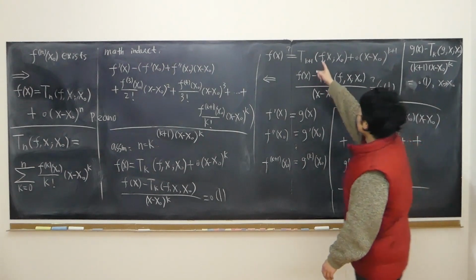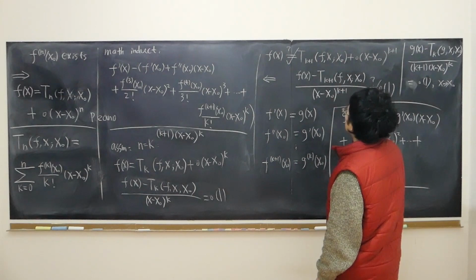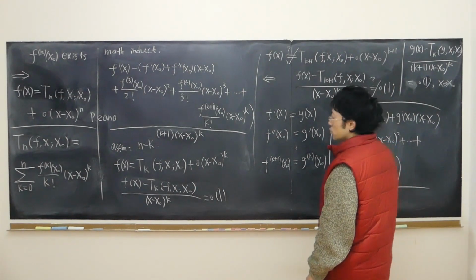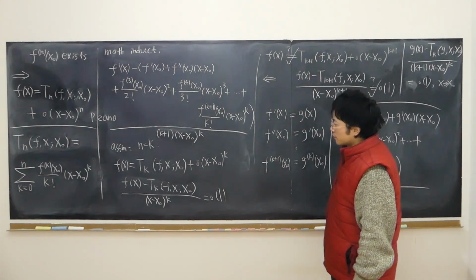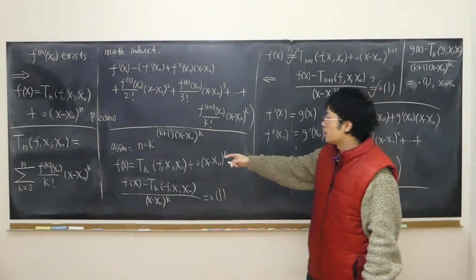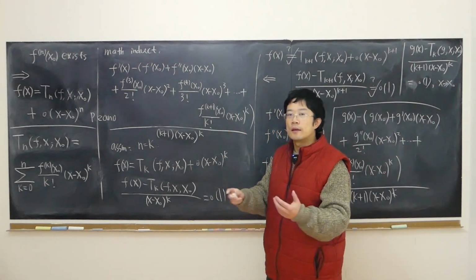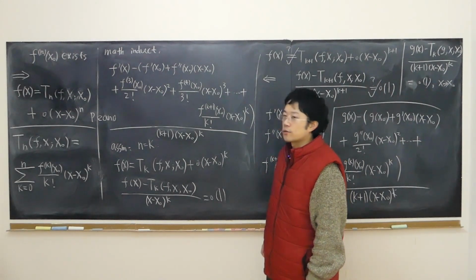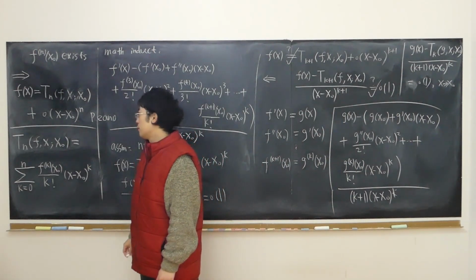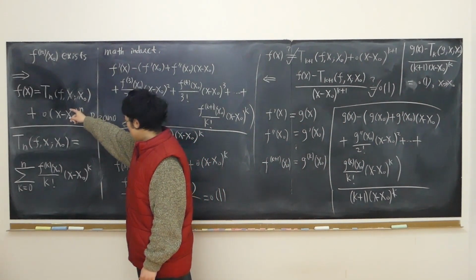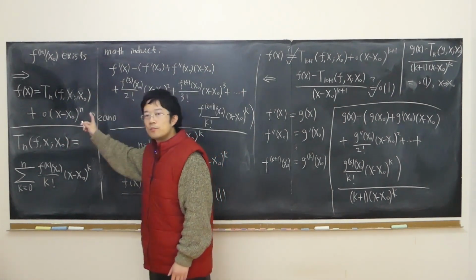So it's really true when n is equal to k plus 1, based on our assumption that it's true for n equals k. We've also proven it's true when n equals 1. So according to mathematical induction, it's true for any positive integer n: a function can really be written as a Taylor expansion plus Peano remainder.